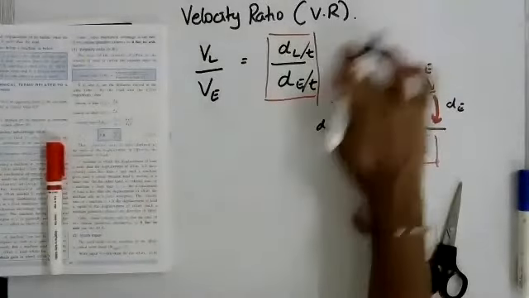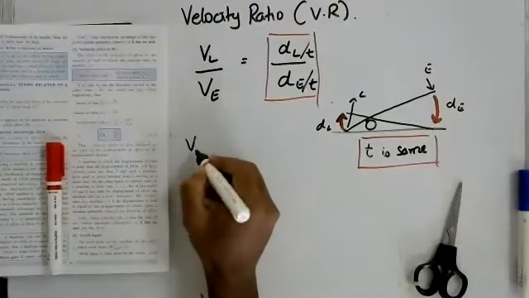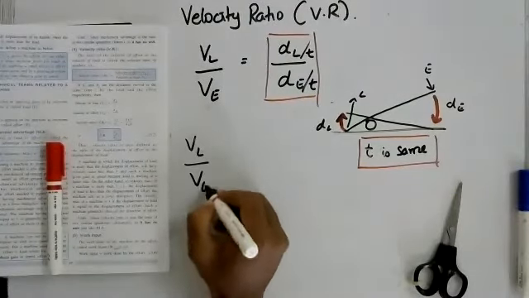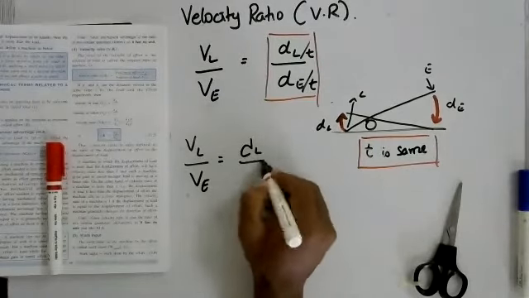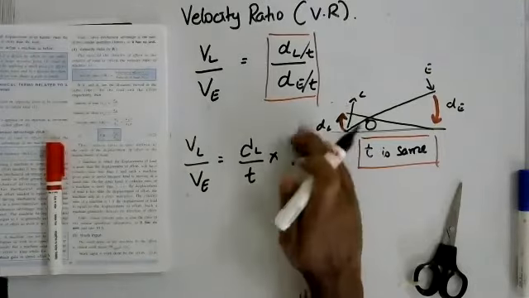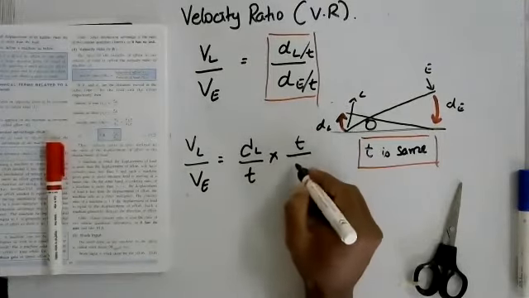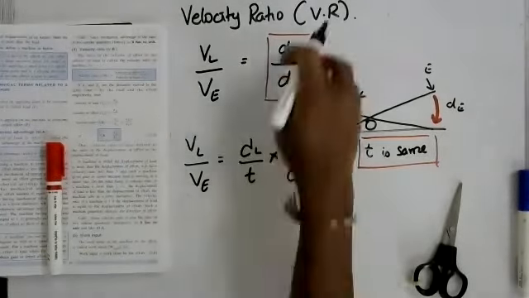So this is not relevant anymore, I'll get rid of that. So the ratio of the velocity of the load arm and the velocity of the effort arm can then be dL by t times t by dE, right? Because that is divided by this.